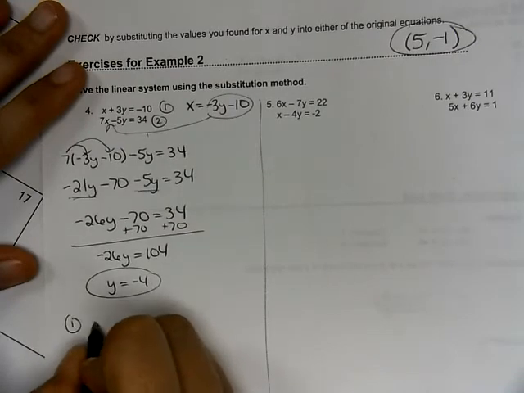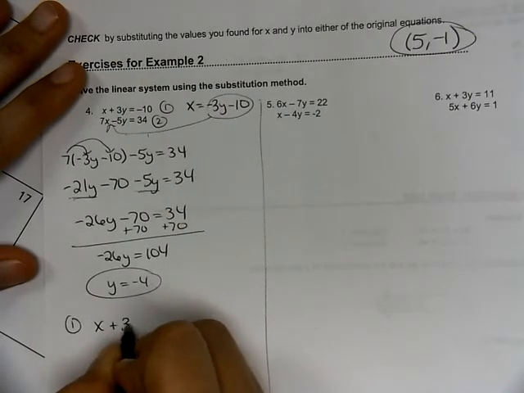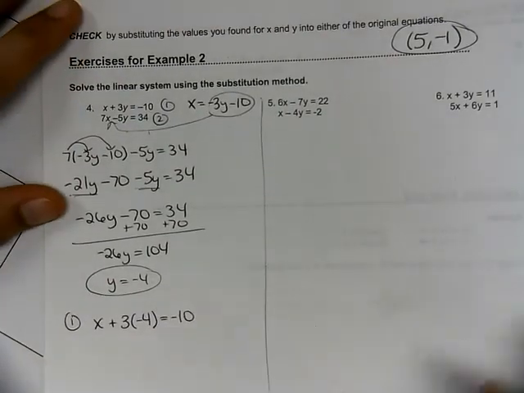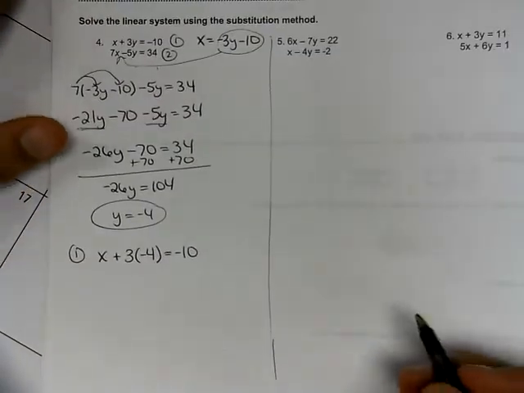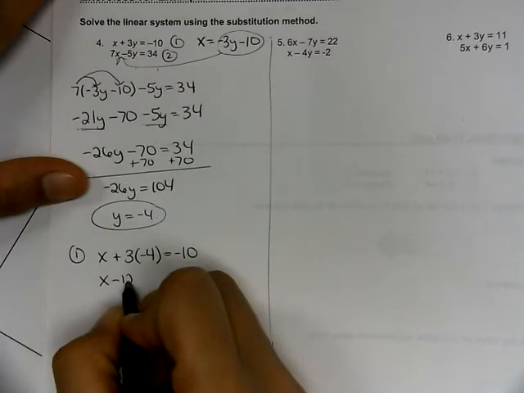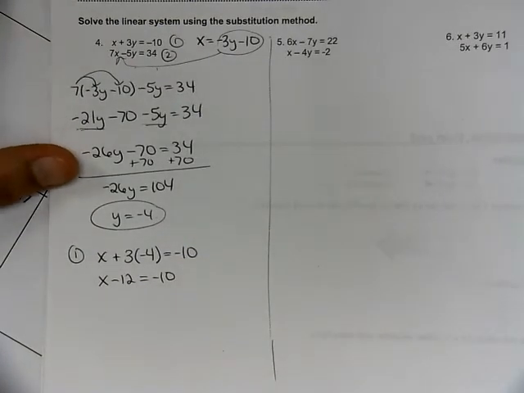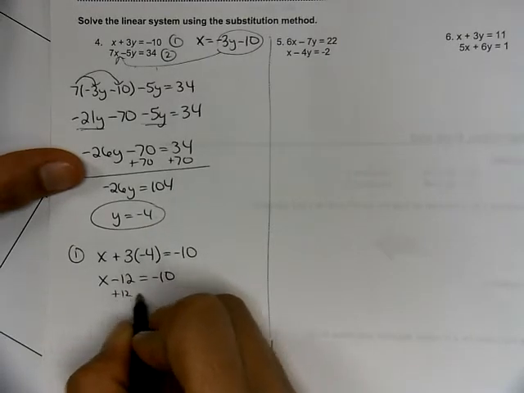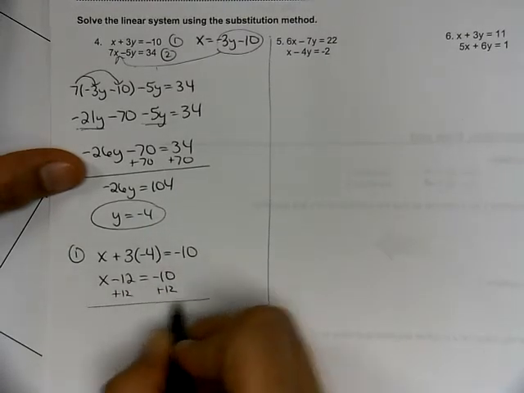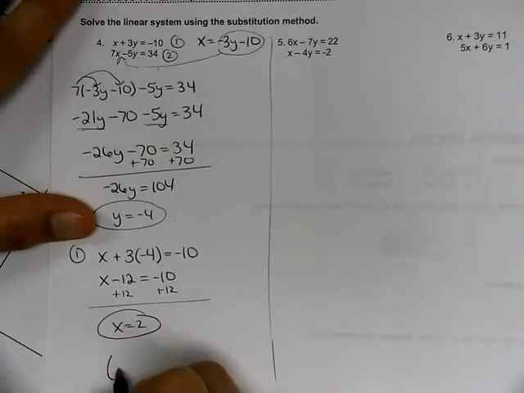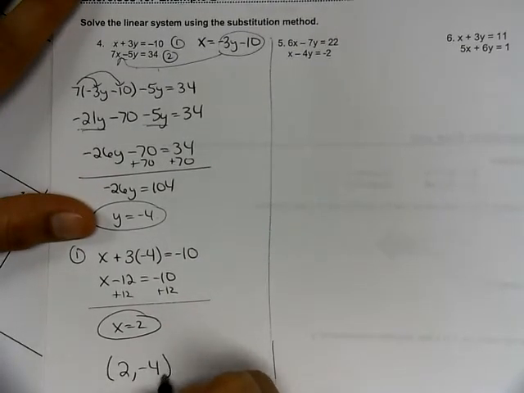So x plus 3 times negative 4 equals negative 10. So x minus 12 equals negative 10. So what's my last step? Add 12. So x equals 2. So then my answer is 2, negative 4.